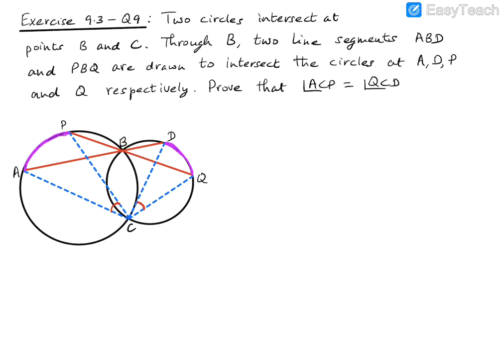And we know from our theorems that the angles subtended by the same segment on the circle are equal. So that means the angle ACP and the angle ABP must be equal, because they are both angles subtended by the same segment of the circle.